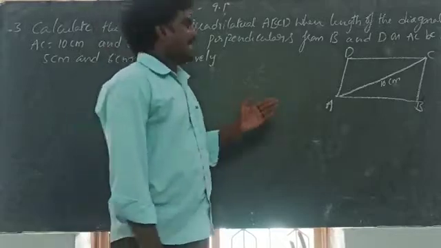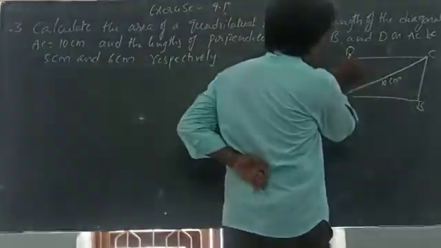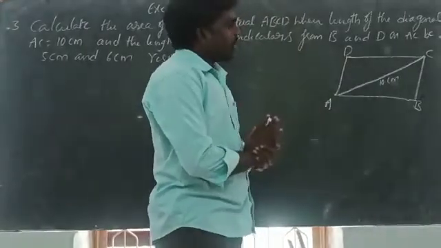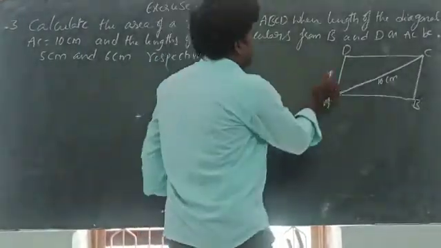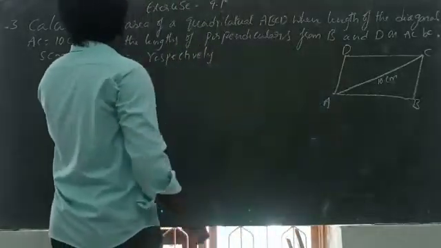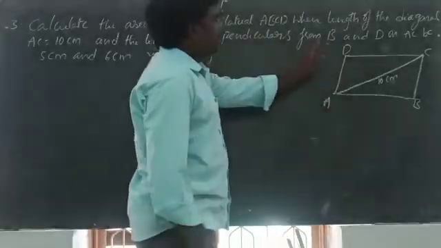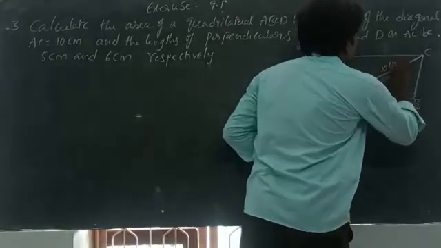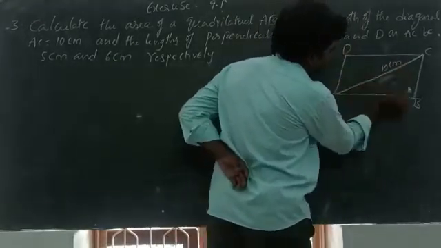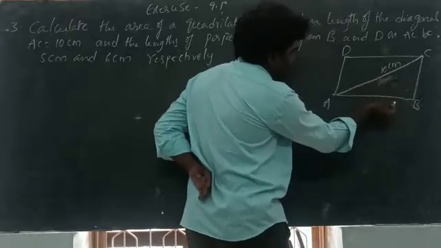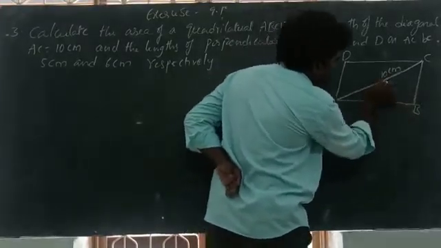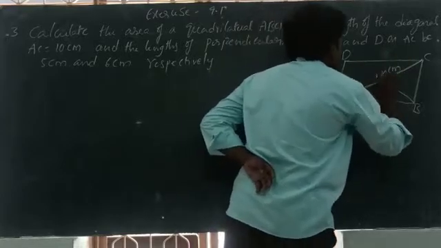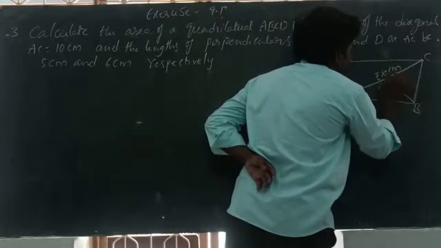Next, the length of perpendicular. Perpendicular means a line which is joining another line and meets at a point, the angle formed is 90 degrees. And the length of perpendiculars from B and D. From B, we can construct one line to AC, meeting AC at a point, the angle is how much? 90 degrees.